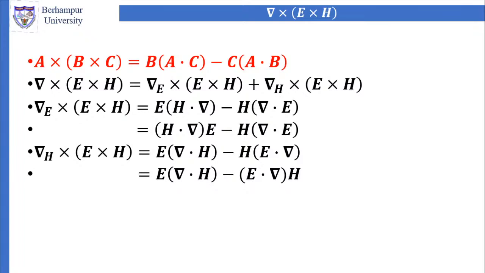So minus H E dot del that is equal to minus E dot del H. So finally we'll get this one: E del dot H minus E dot del H.